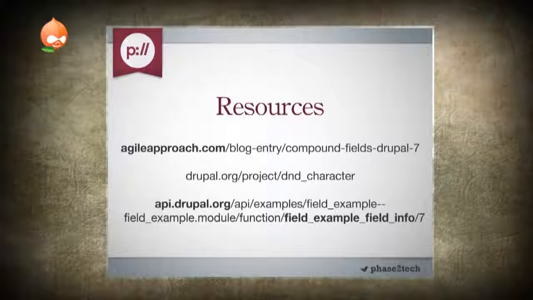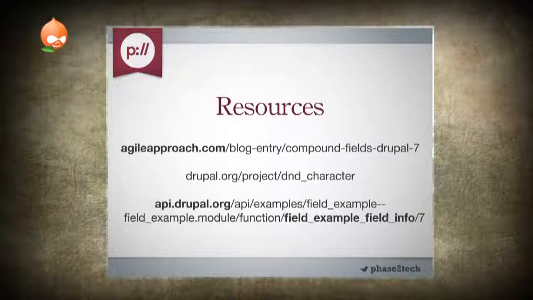If you're really interested in learning more about Fields API in general and not just compound fields, look at the field example module that comes with Drupal 7. It's not turned on by default, but it's basically a color picker. So it's just storing simple RGB values, but it defines an extra widget to let you use a color dropper to pick colors.